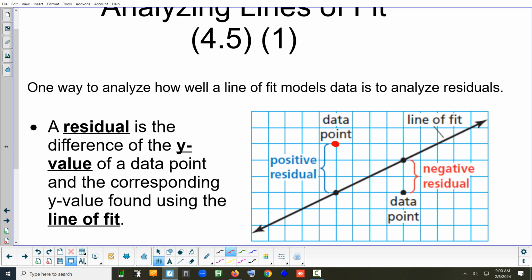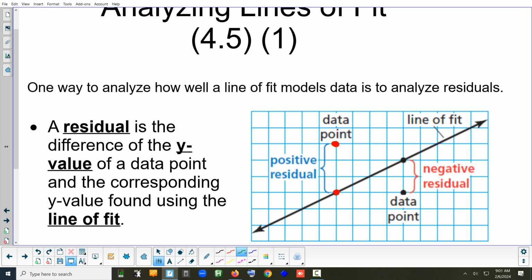And here's where the point would be with the line that you drew. How many units away is the actual point from the line that you estimated? 3. So that's a residual of 3. Because it's above the line, that's called a positive residual, because it's 3 units above.